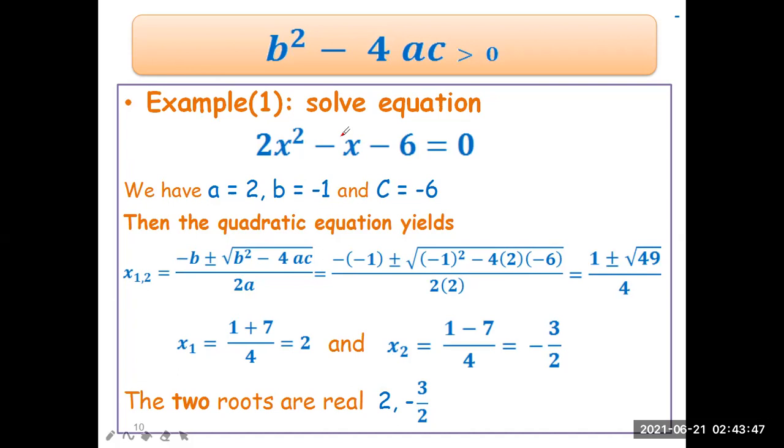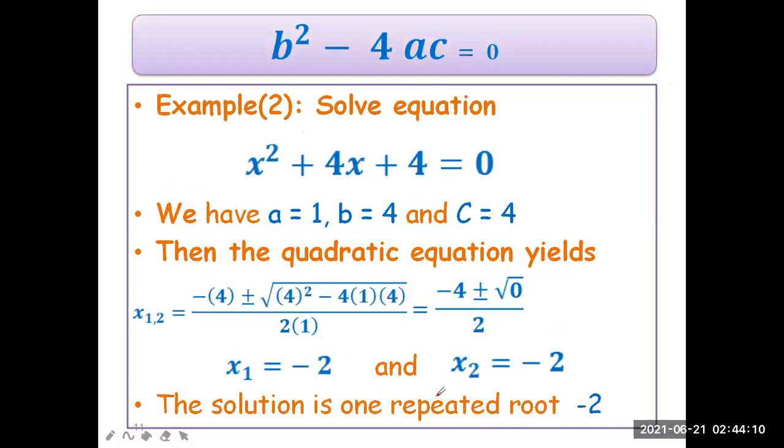We have negative x here, so b is negative 1, and c is negative 6. Then we substitute a, b, and c in the general rule and get x1 and x2, like this. So the two roots are 2 and negative 3 over 2.